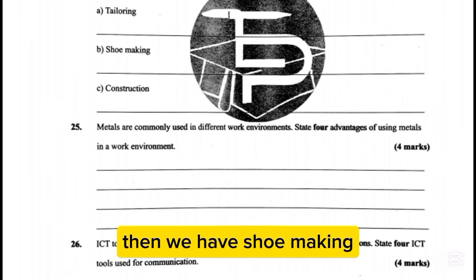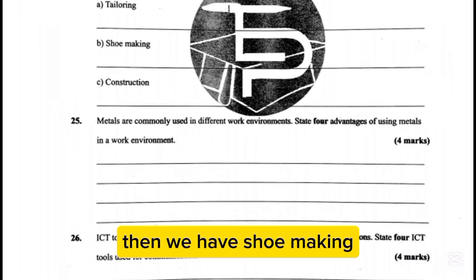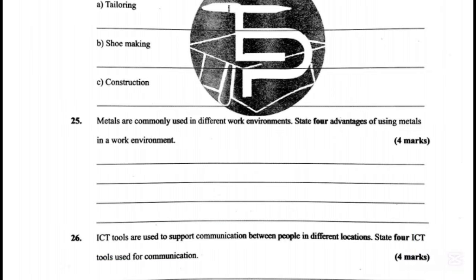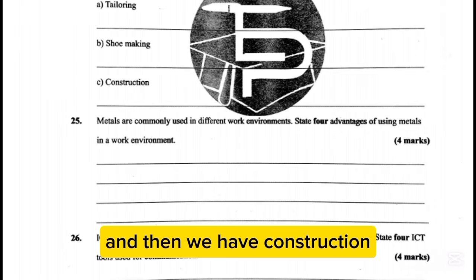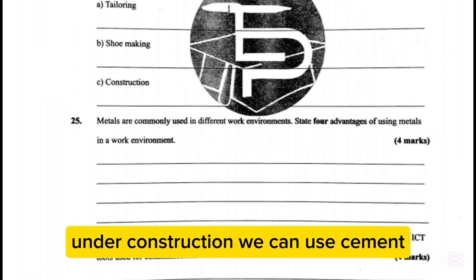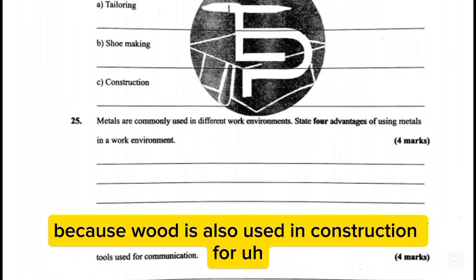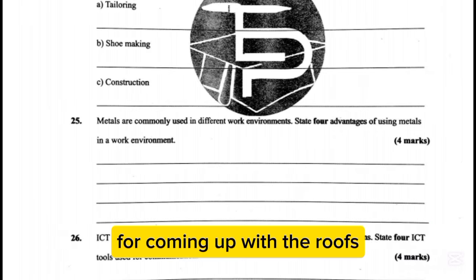Then we have shoe making. Under shoe making, we can use leather. And then we have construction. Under construction, we can use cement, sand, or metals. You can also use wood, because wood is also used in construction for coming up with the roofs.